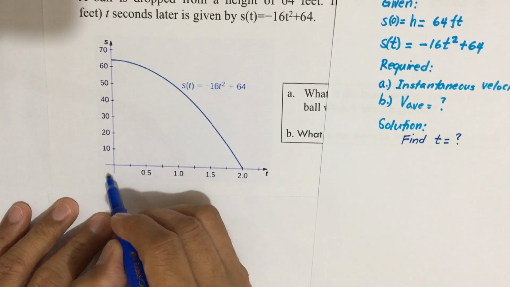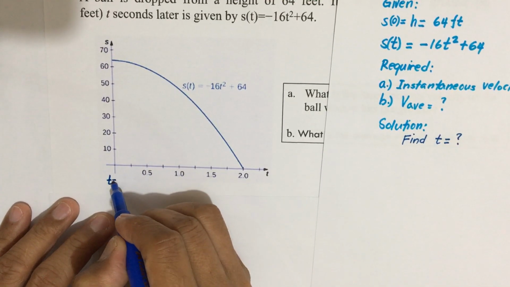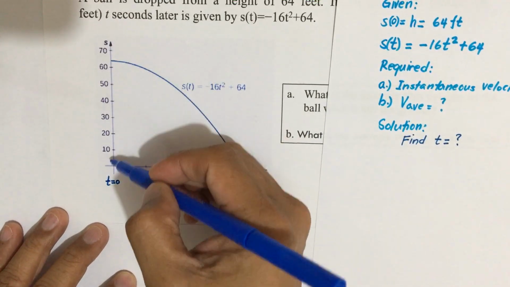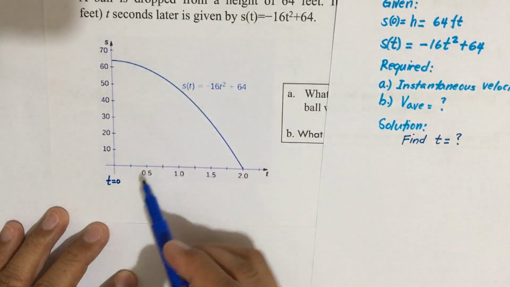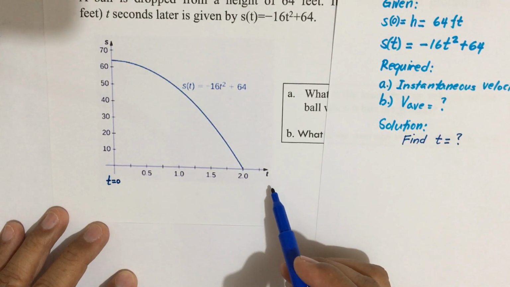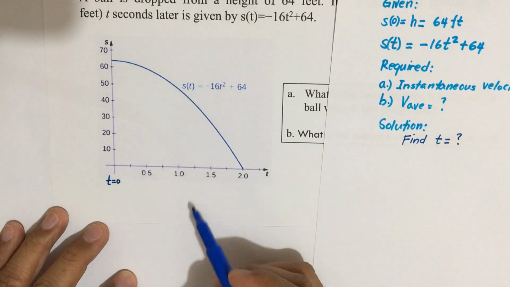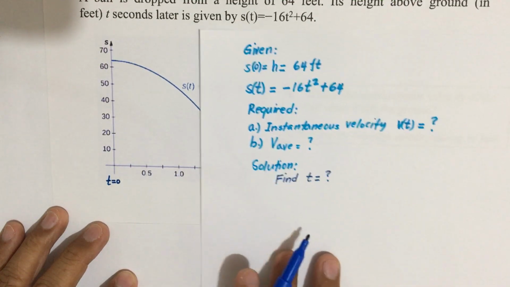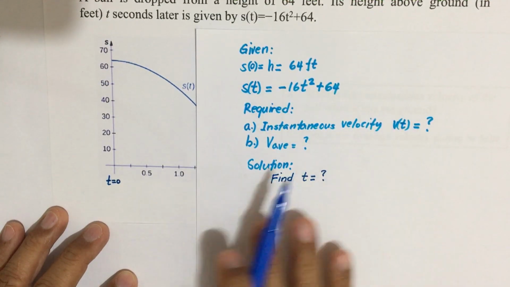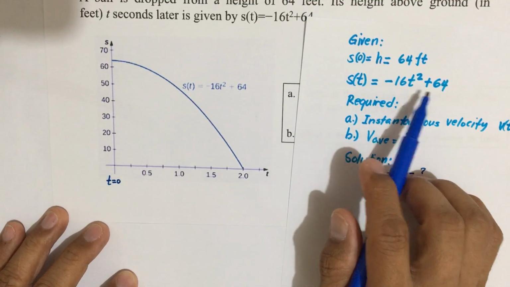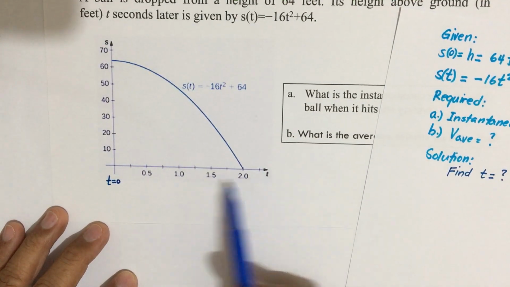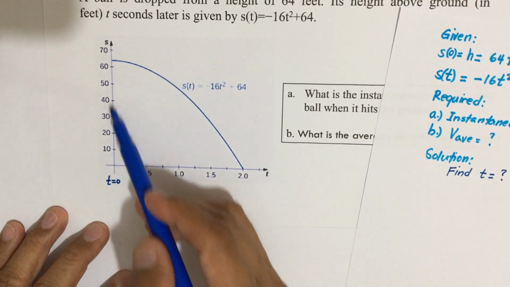So at this point here, at t equal to 0, so we have this vertical line, class. This is the s and this is the t. So s as a function of t, it means that at any value of t, you have the corresponding value for s. So our s here is given as s of t equal to minus 16t squared plus 64. So s is a function of time t. Okay, so when you graph that one, so we have this s axis, we have this t axis. This is the time axis, this is the position axis.